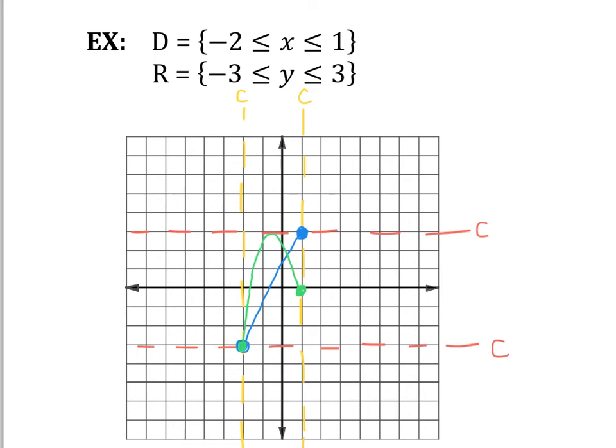Does my domain still go from -2 to +1? Yep, I'm still within those two vertical walls. And does my range go from -3 to +3? Am I still contained and hitting those pieces? The answer is yes, only this time I'm just touching that ceiling and I come back down.